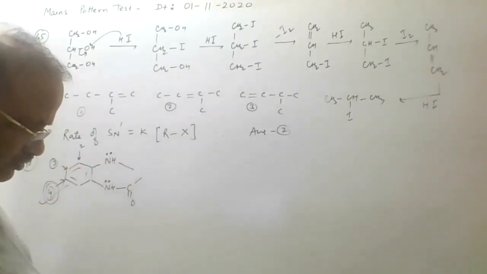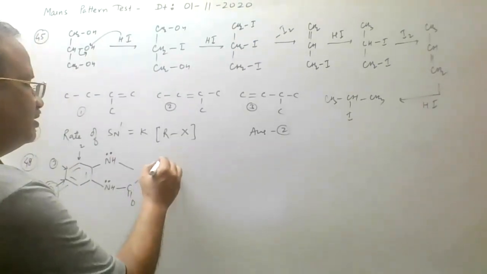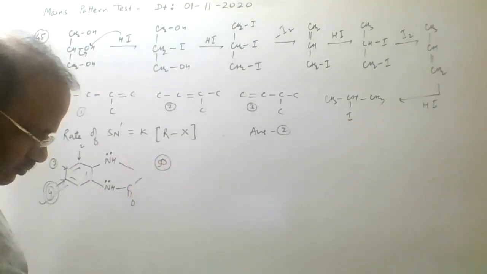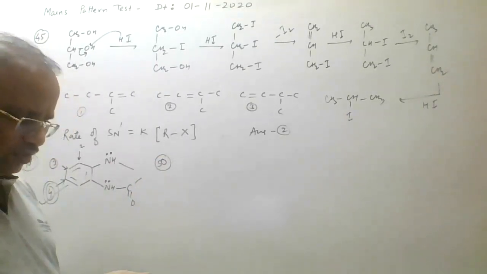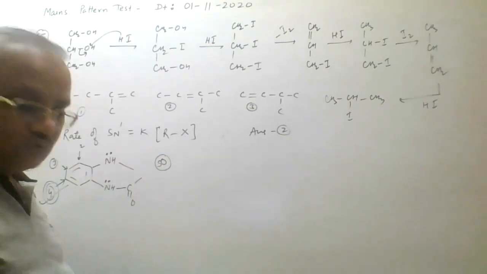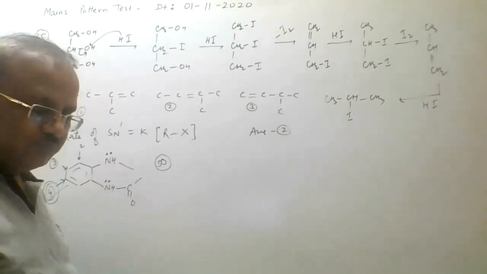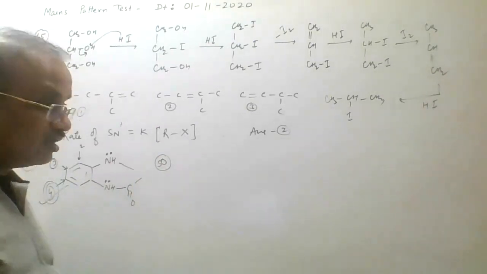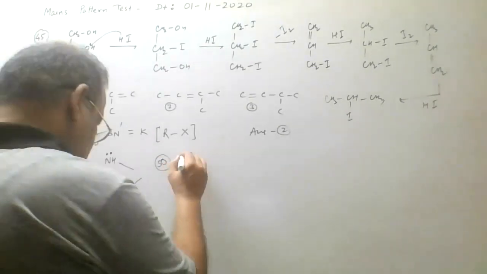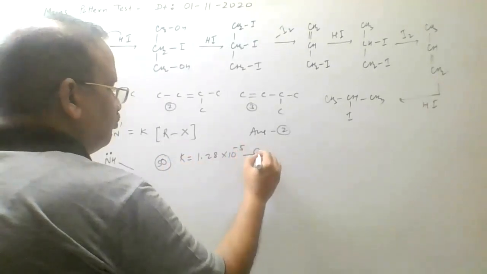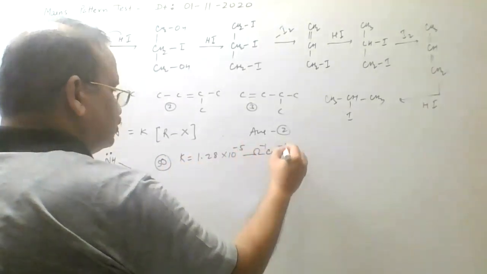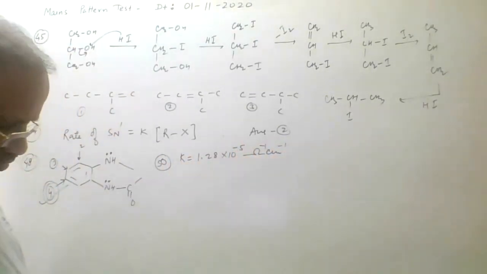Now the conductivity of the saturated solution, question number 50, we can write. The conductivity of the saturated solution of Cu2[Fe(CN)6], after subtracting the conductivity of water. Yes, so kappa is given to us. The kappa in the reaction is 1.28 into 10 to the power minus 5 per ohm centimeter. Now, what is the solubility?